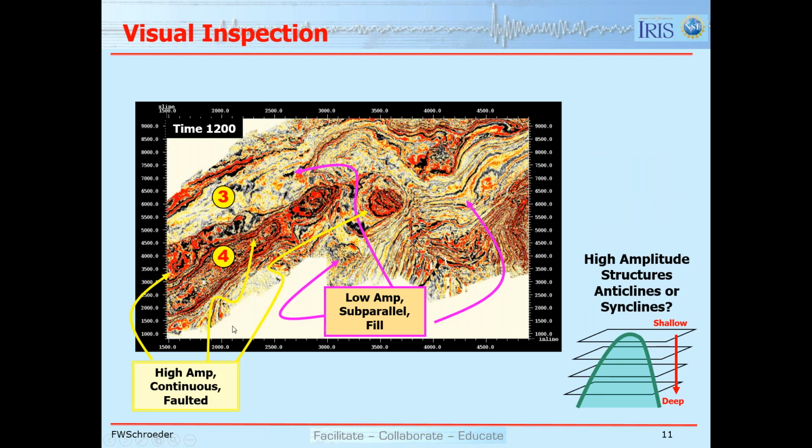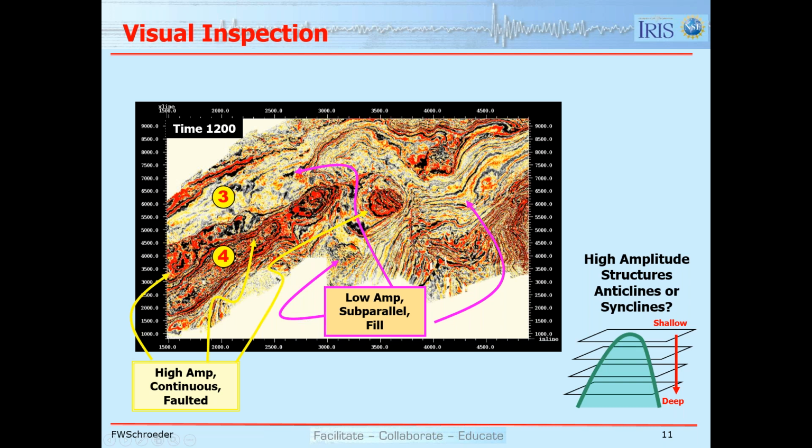We can look at a time slice. Now we are at 1200 milliseconds, or 1.2 seconds two-way travel time. You can see regions like where the number 4 is, where we have the high amplitude continuous reflectors. Number 3, that's our low amplitude semi-continuous subparallel.